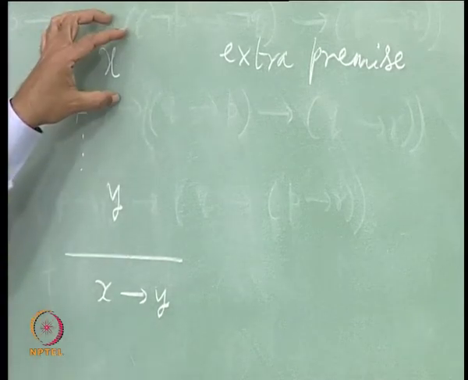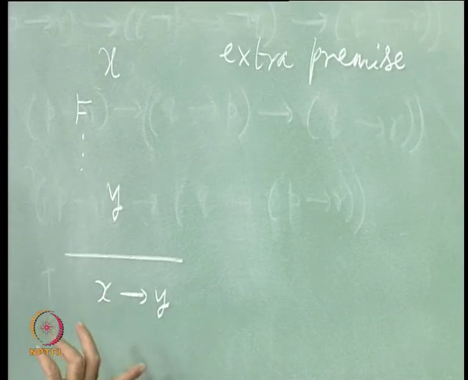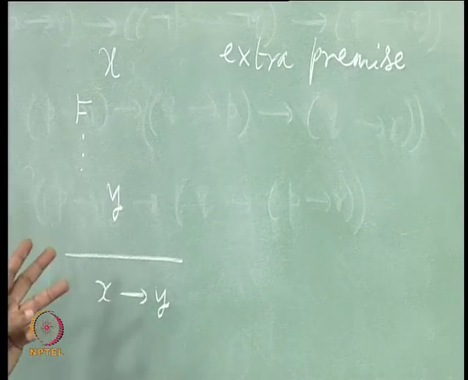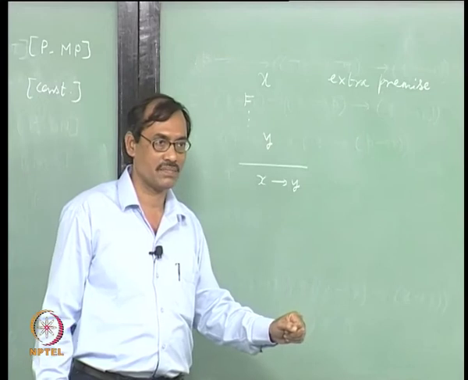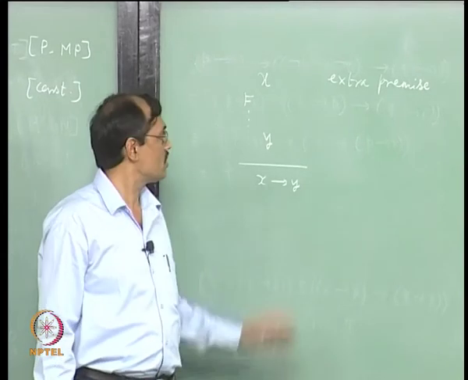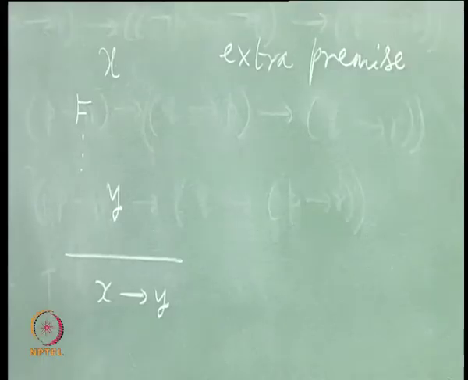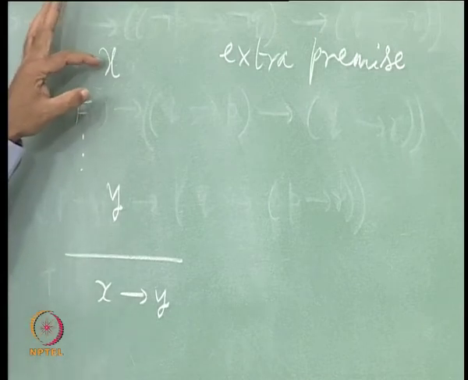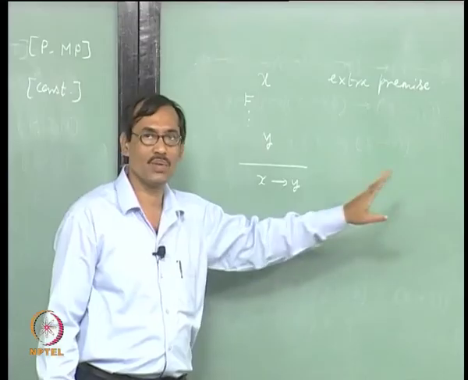Assume some extra premise and then conclude y, then finally you say without assuming that extra premise I could have got x implies y, because deduction theorem says sigma union x, x is an added premise, entails y, therefore sigma entails x implies y, fine. So, these things can be incorporated provided you do not have a calculation like this, but just continue the proof thinking that everything is an entailment. So, what we do there is we have to mention that it is an extra premise, and then mention here that my extra premise is removed, it is no more an extra premise.